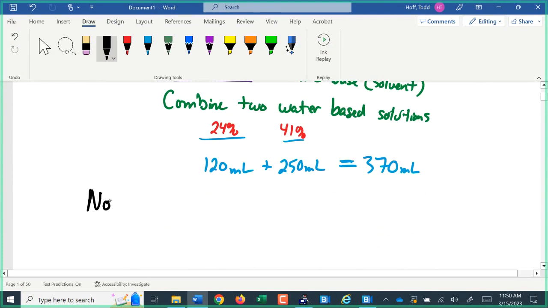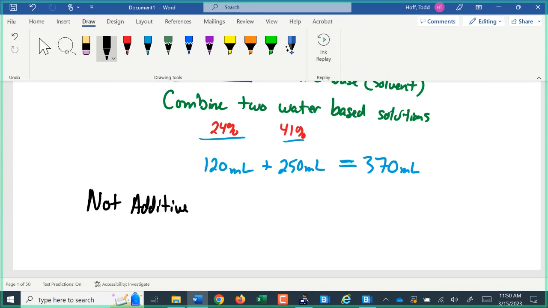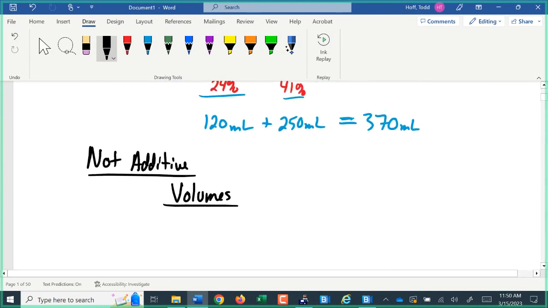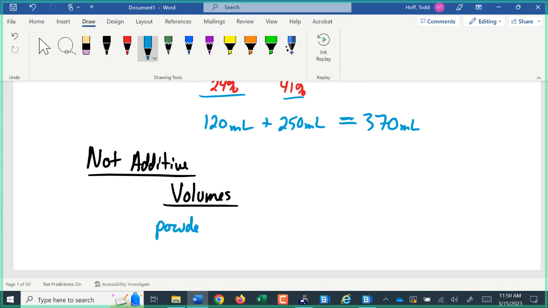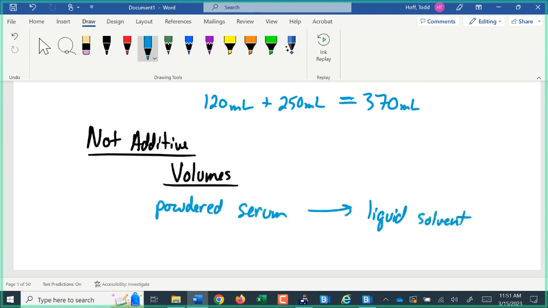Usually not additive, or that we can't count on being additive, is general volumes. And where this really becomes an issue is if we're looking at some sort of a powder-based serum, and we're putting it into some sort of a liquid vehicle or liquid solvent, we should say, liquid solution.